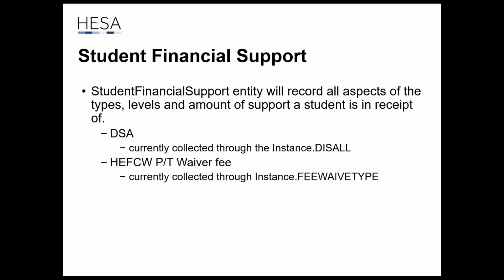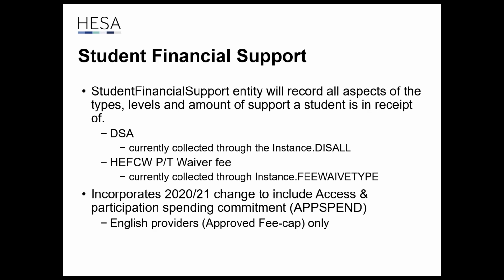In terms of what it's recording, it's very similar to the financial support entity we have currently, but we've added in the disabled students allowance. That's currently collected through the DISALL field. And we've also added in the HEFKey part-time fee waiver as well, which has got its own field, fee waive type, in the student record. So that's all collected within the same entity now.